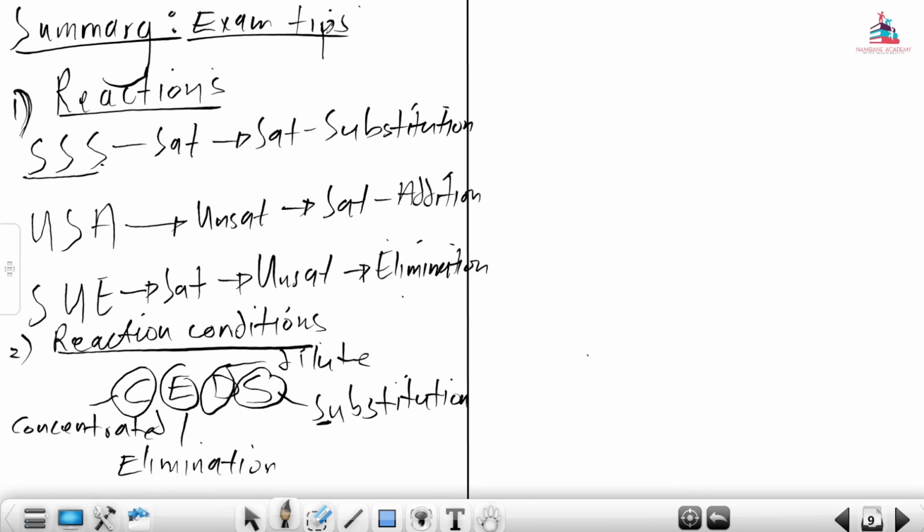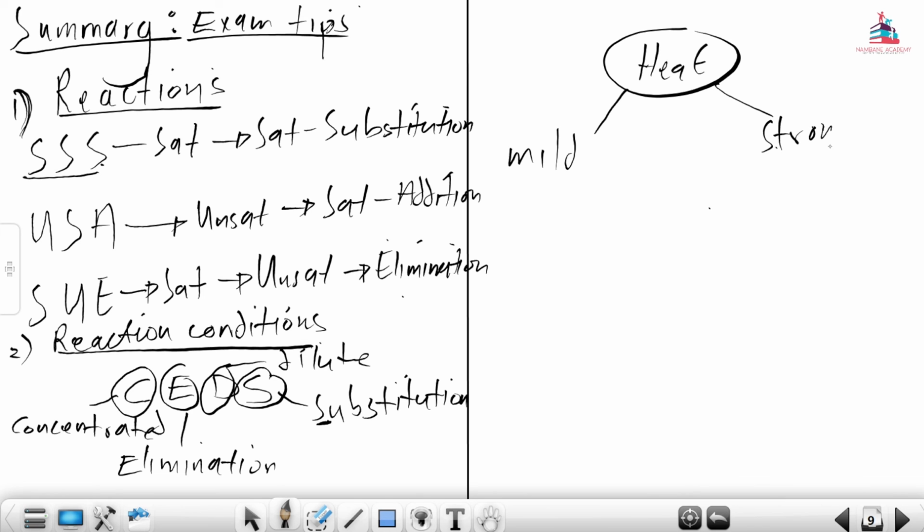What about heat? We have heat, so we can have now mild heat and very strong heat. So if it's a mild heat, you burn your finger from a stove, in no time the pain will be gone, né?